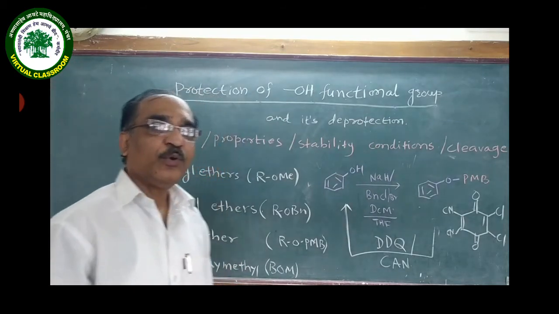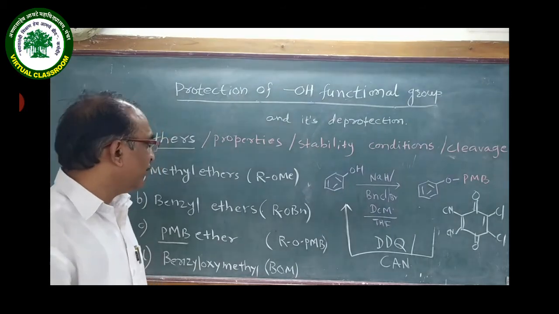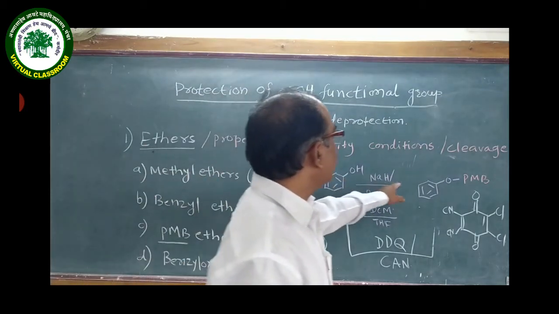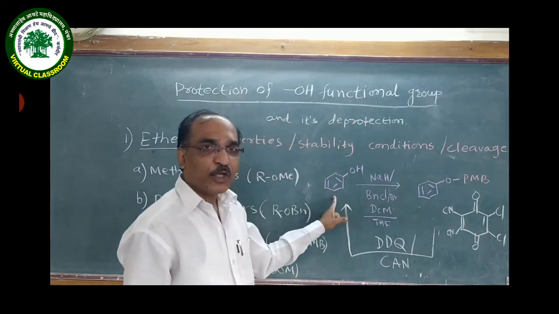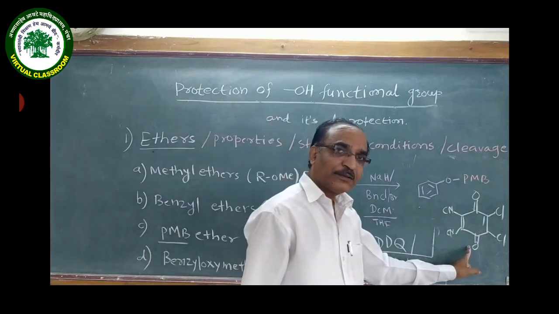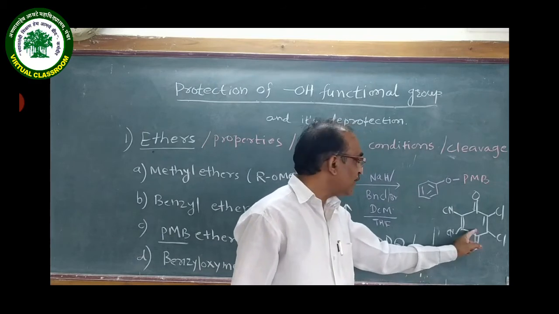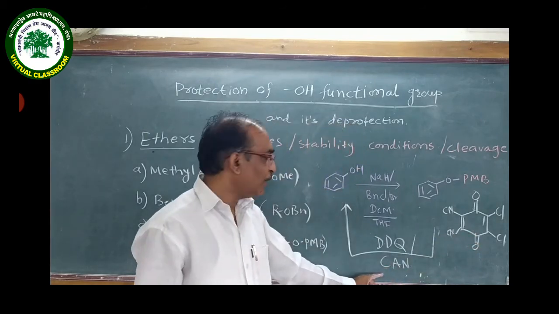Ceric ammonium nitrate, you know it, everybody, so no need to explain that one. This PMB protected ether can get back to phenol, which is carried out with the help of DDQ as well as ceric ammonium nitrate.